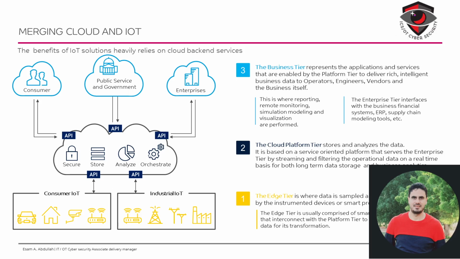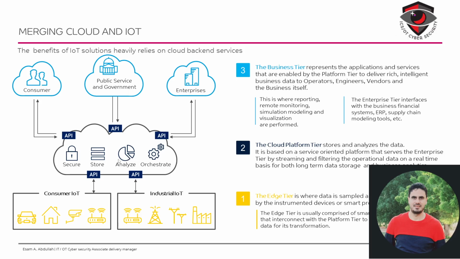On the cloud platform tier, we are doing storage and analyzing the data. It is based on a service-oriented platform that serves the enterprise tier by streaming and filtering the operational data on a real-time basis for both long-term data storage and business analytics.